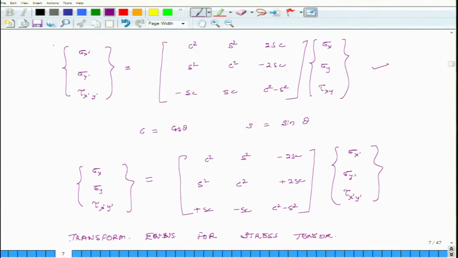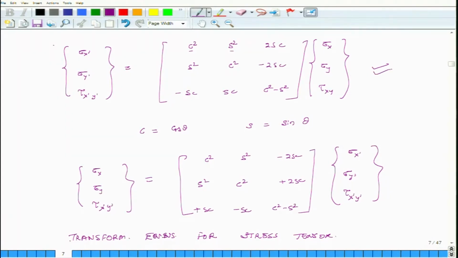Okay. So, in this matrix sigma x is sigma x, sigma y is 0, tau xy is 0, sigma x prime means sigma L, sigma y prime means sigma t, and tau x prime y prime means tau LT, and these numbers will be cosine square theta, sine square theta, 2 sine cosine theta and so on and so forth.